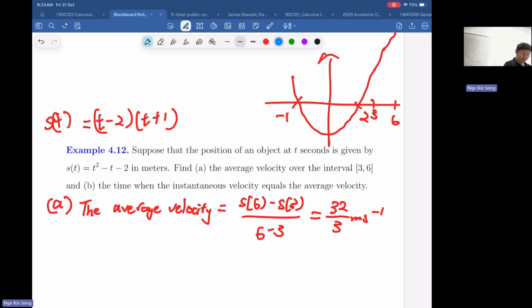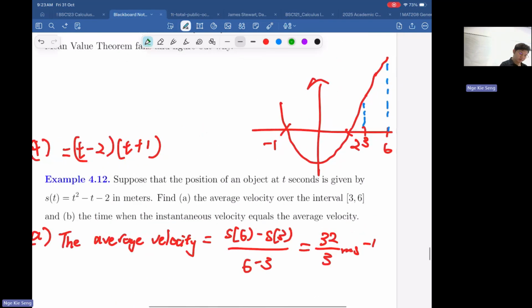We just care about this side of it. What we do for the average velocity is take the final distance minus the initial distance for the displacement, and then divide by the time, which is the gradient of this secant. So we want to ask, is there any other time that has a tangent line with a gradient equal to this gradient?